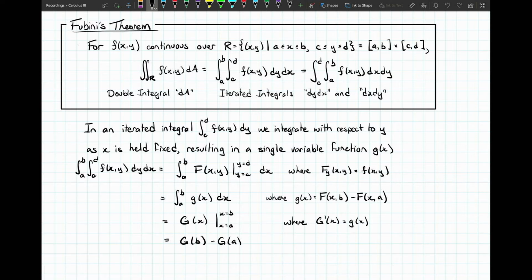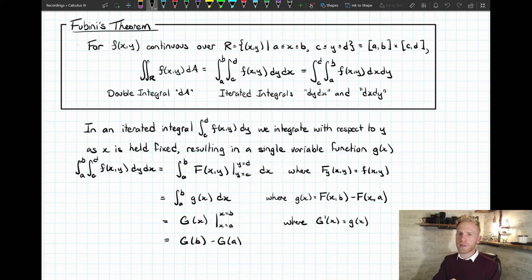So the overarching theme here, if you haven't quite picked up the concept yet, is that the double integral is a new operation that only ends up being used when we have a couple variables, let's say x and y. But it's not really that new, because what we end up doing is just some stuff that we learned from single variable calculus.